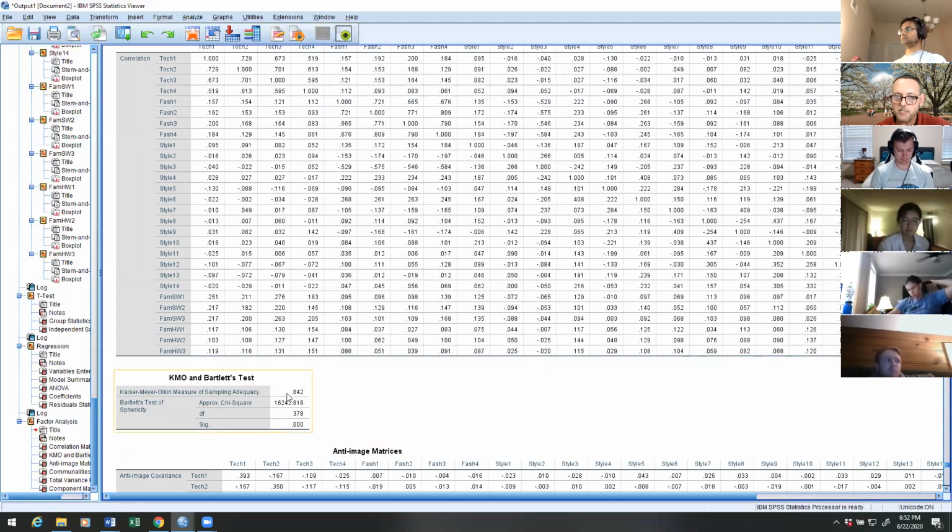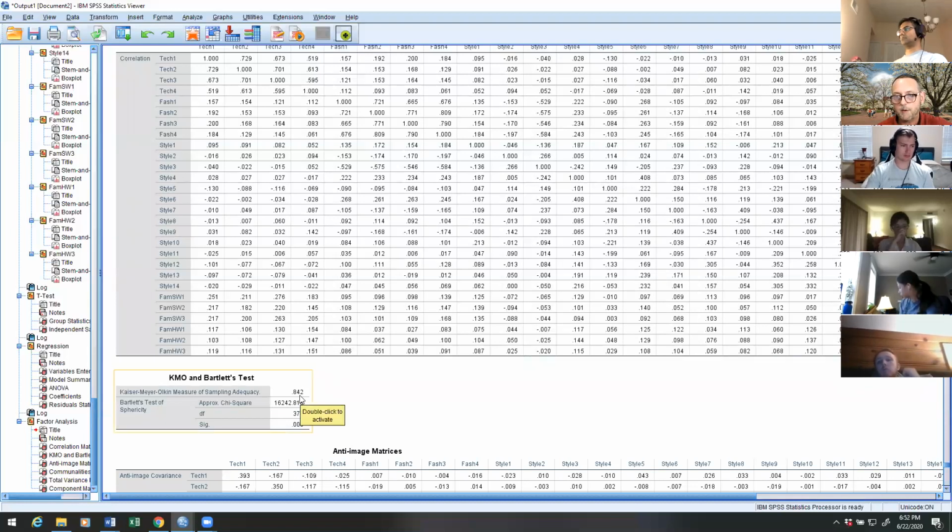The KMO measure will tell you whether there is enough inter-item correlation for factors to form. It doesn't really know or predict what those will be. All it's saying is that there are items that correlate with each other in a sufficient amount that they should hold together.